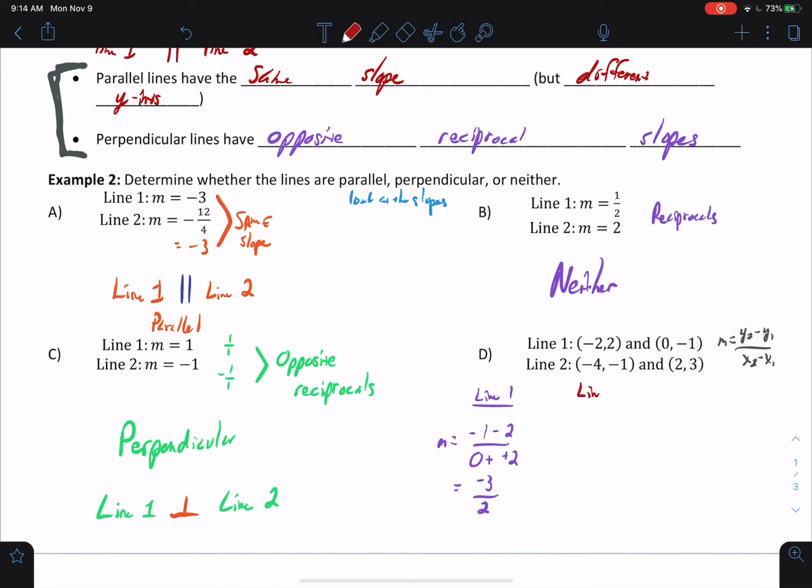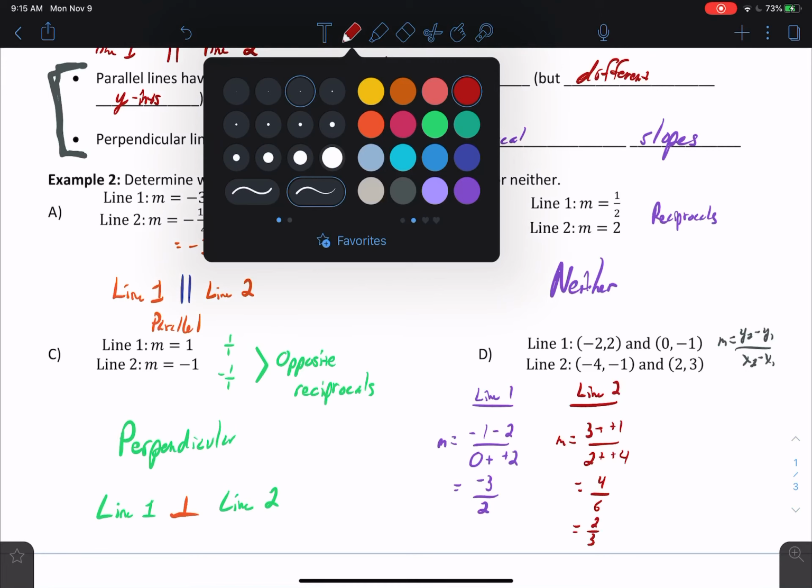For line 2, my slope is going to be 3 minus negative 1 all over 2 minus negative 4. All right, plus a positive on both the top and the bottom. So 3 plus 1 is 4. 2 plus 4 is 6. 4 divided by 6, if I simplify that fraction, like I always want to do when I'm doing slope, I'm going to get 2/3.